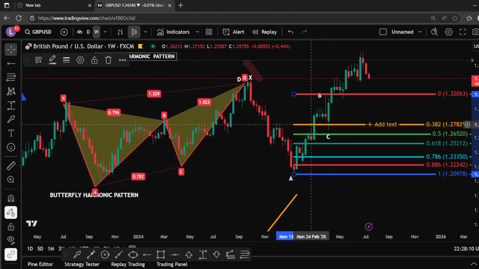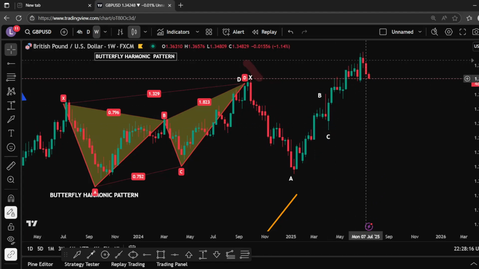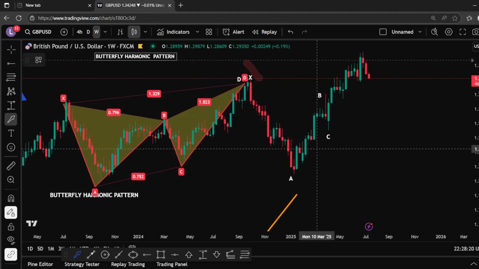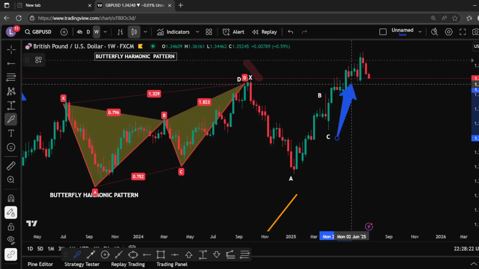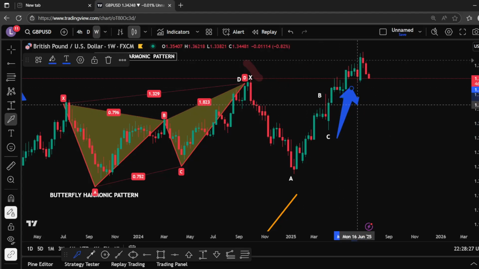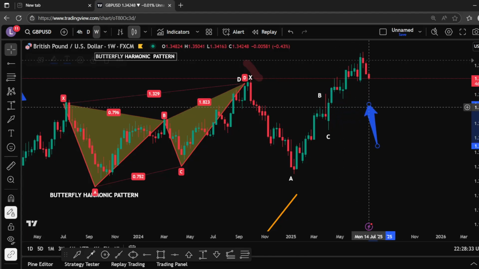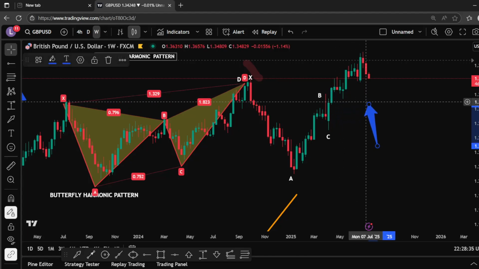So now the next step is to wait for our D leg to complete. When the price was rallying up, I waited for a break above the B, which is this candle there. Once I saw that, I measured my D completion leg.